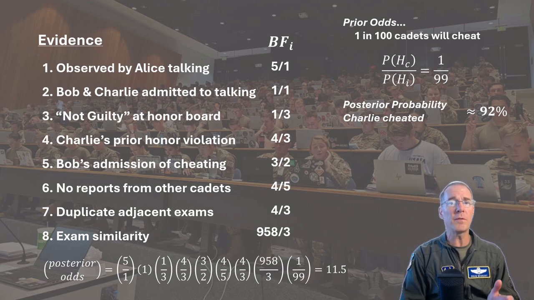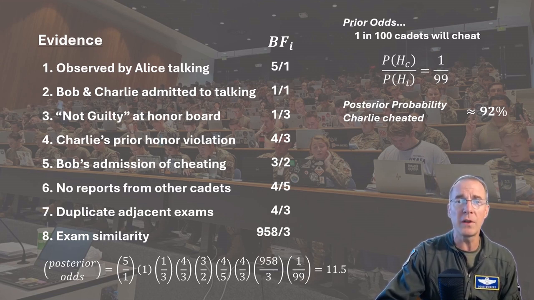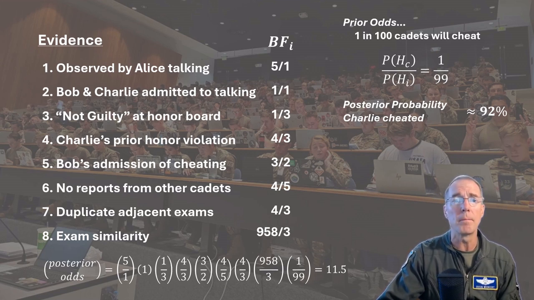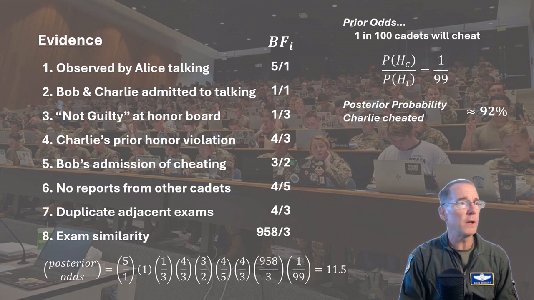So on the basis of this analysis, I denied Charlie's request and sustained the academic penalty that he had received on the final exam. I hope this example helps you appreciate how useful I find this in forming judgments and for communicating our assessment of uncertainty.